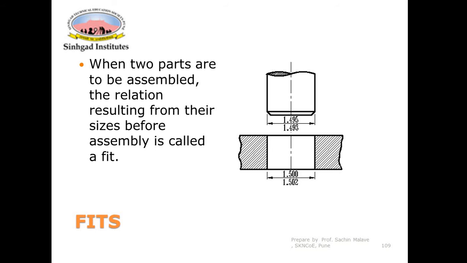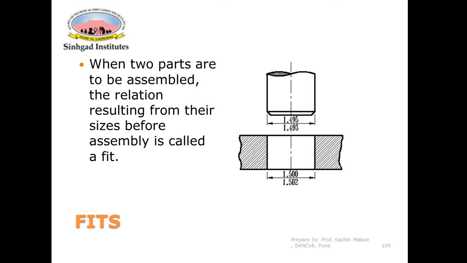So now the relation resulting from the sizes of this hole and shaft is called a fit. This will get cleared in the next few slides, but whatever this relation is, it comes from the sizes before assembly. Before assembly takes place, you have to decide what the difference is between the size of the hole and the size of the shaft.